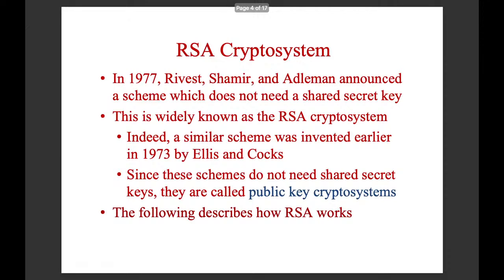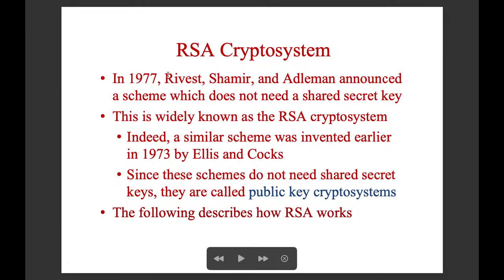So in that sense, three mathematicians or computer scientists, one of them is called Rivest, one of them is Shamir, one of them is Adleman. Rivest is one of the authors of our Introduction to Algorithms textbook, CLRS. So in 1977, they announced a certain scheme that allows us to do the encoding without a shared secret.